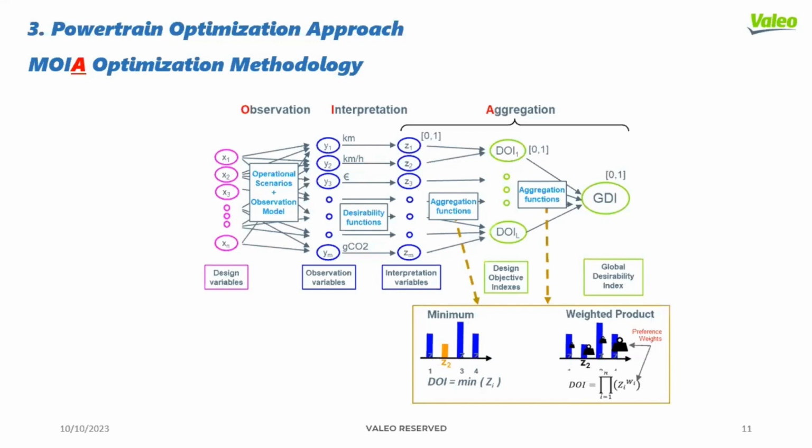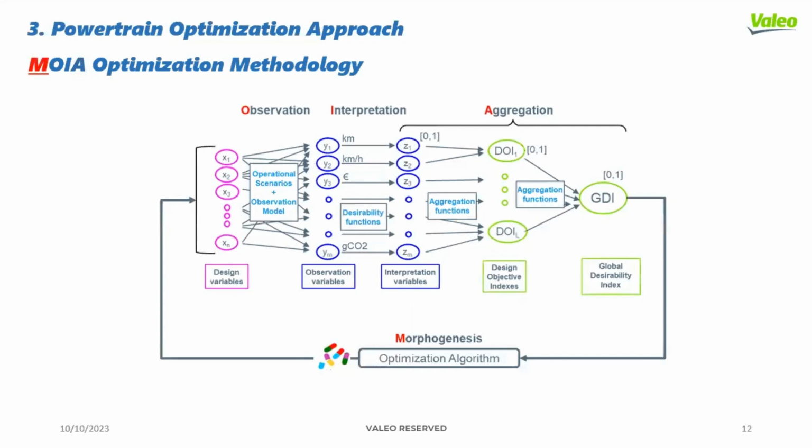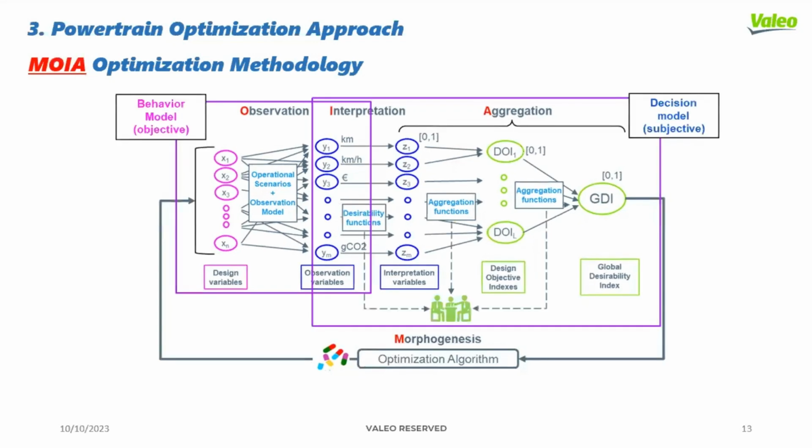This way, if we know that the cost is more important, we can give it more weight compared to others. So now that we have this GDI, our optimization will aim at maximizing it. We'll apply some optimization algorithm that will look for the design variables that maximize this GDI. This is the MWIA optimization methodology that we are applying.